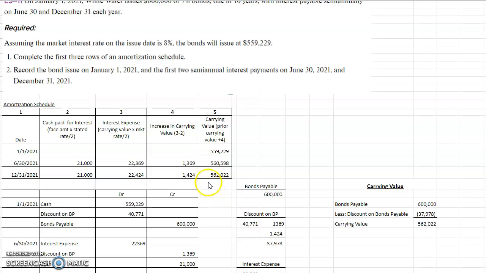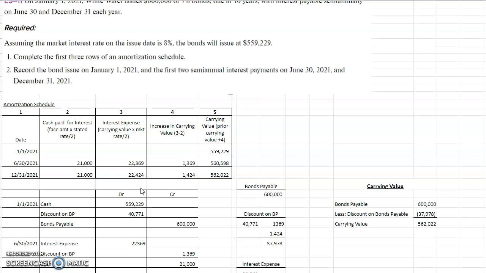In column 3 of the schedule, we calculate the carrying value of the bond times the market rate and divide by 2. In this case, the market rate is higher, so our interest expense is going to be higher, and the difference is going to increase the carrying value or decrease the discount.